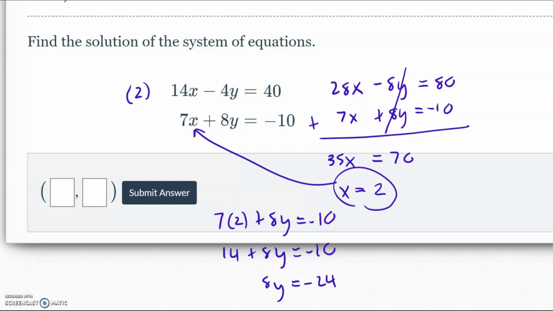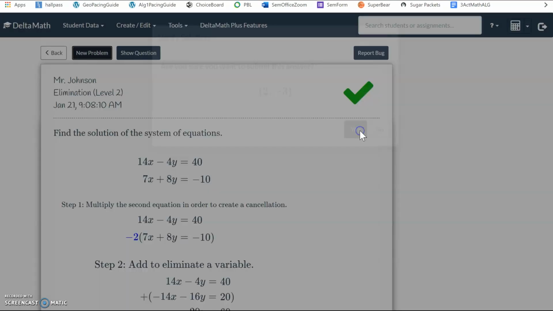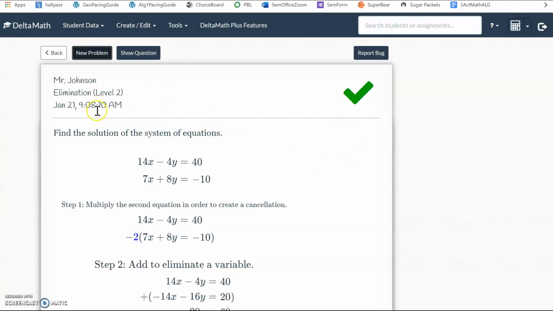And then divide by 8, and we're going to get negative 3. All right, so that's the solution to this system. It's 2, negative 3. Okay, I'm going to plug in the 2, negative 3. And there we go.